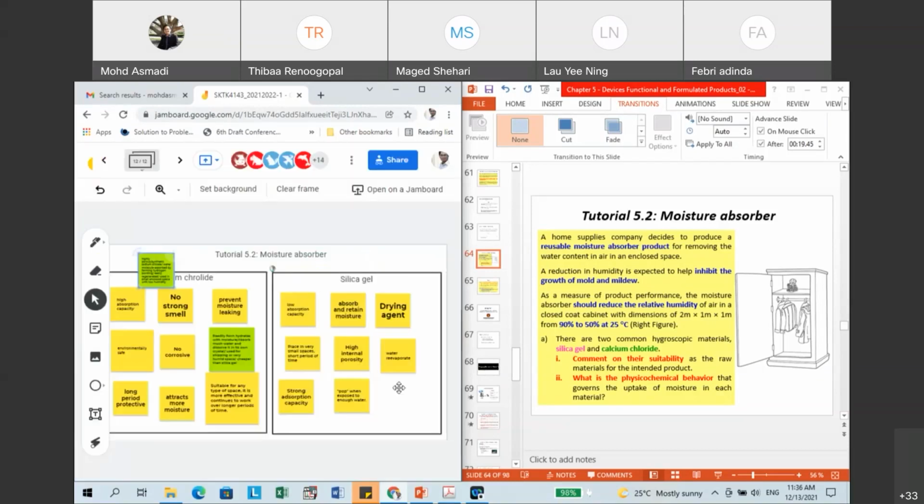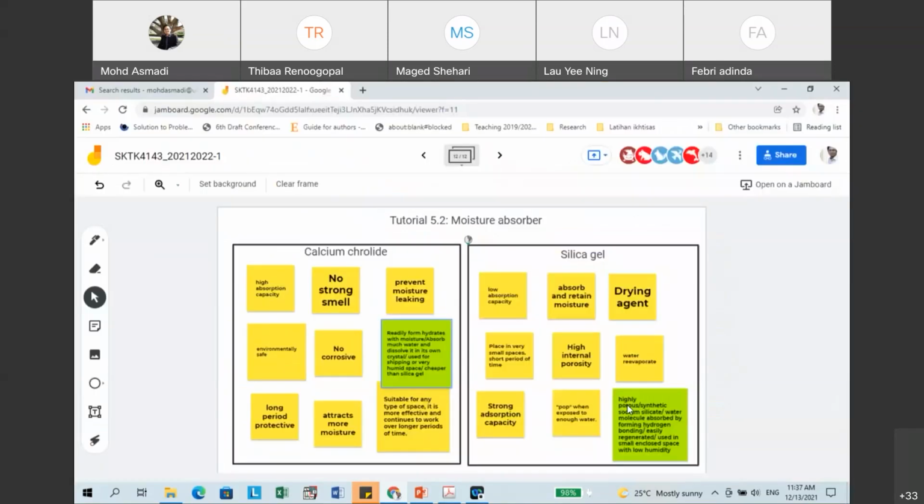So this one is for the silica gel. If you look here, calcium chloride readily forms hydrates with moisture, absorbs much water, and is used for shipping because it's cheaper, for large spaces. But the silica gel is porous because it is formed from synthetic silica, sodium silicate.